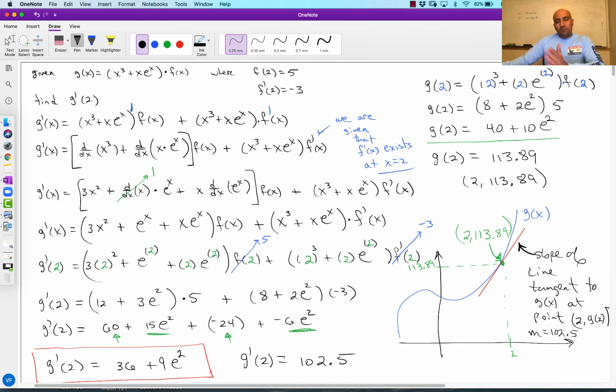Okay, so it would be much steeper, right? If the slope is 102.5, it would be a very steep positive slope, but this picture gives you some sense, right? So this 102.5 is the slope of the line tangent to the function g of x at x equals 2.